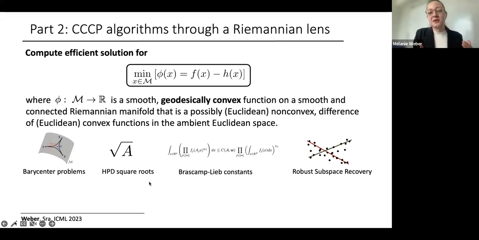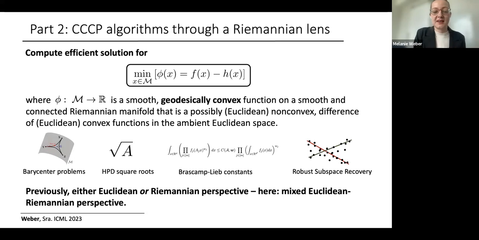So basically here we are looking specifically at a class where we're taking a mixed Riemannian Euclidean perspective. Difference of convex optimization has a very long history, but it has only been studied from a Euclidean or a Riemannian perspective.